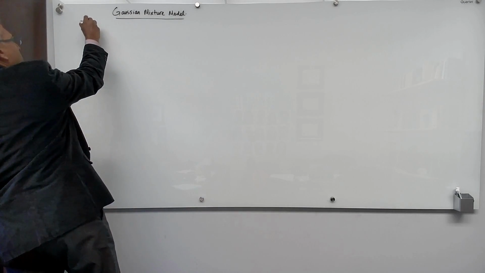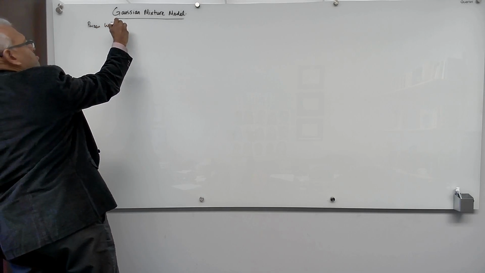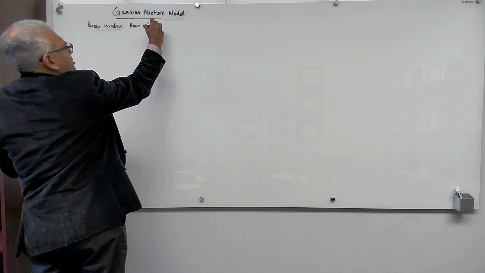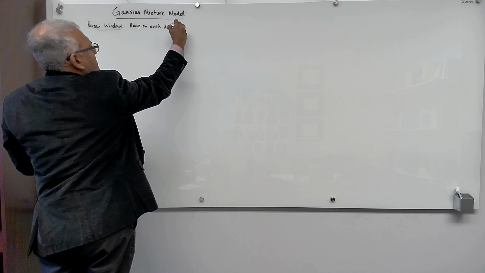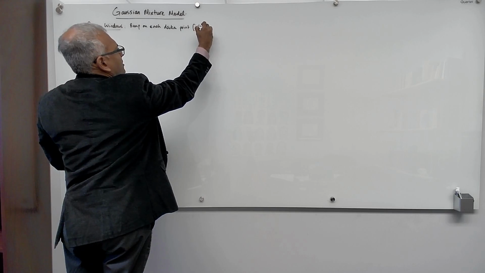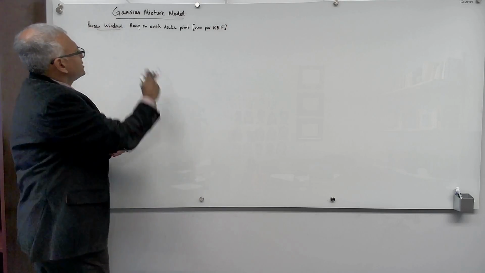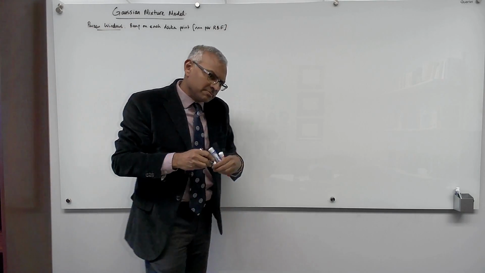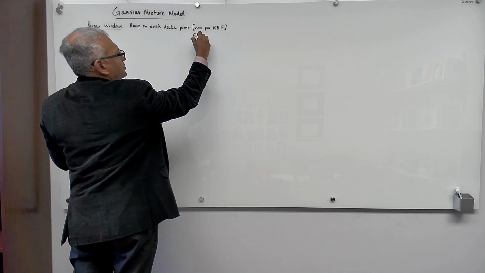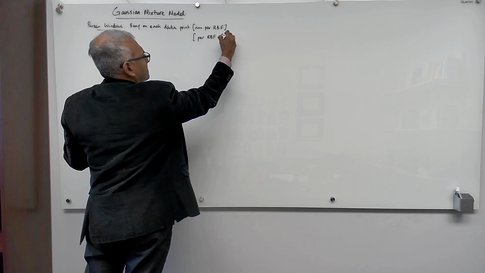So Parzen windows, there's a bump on each data point. That's analogous to the non-parametric RBF. And so the Gaussian mixture model basically is analogous to the parametric RBF network.